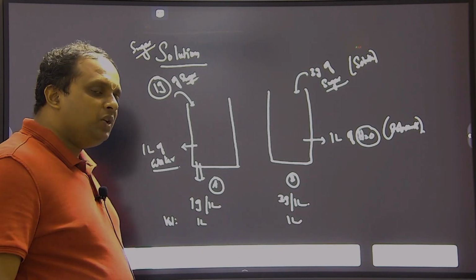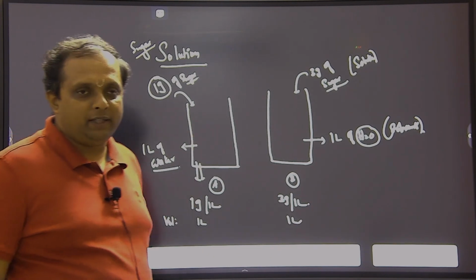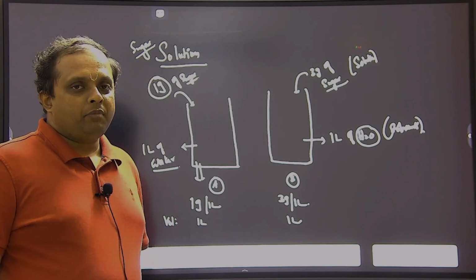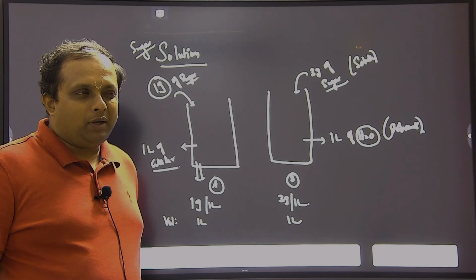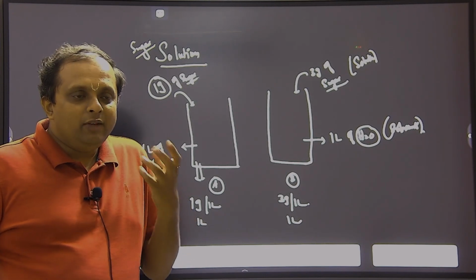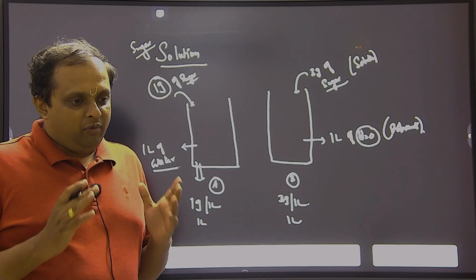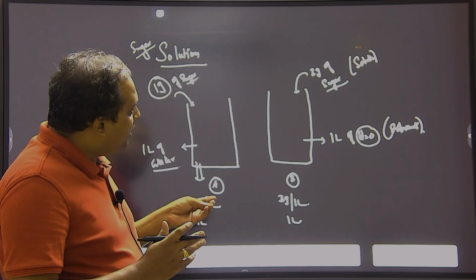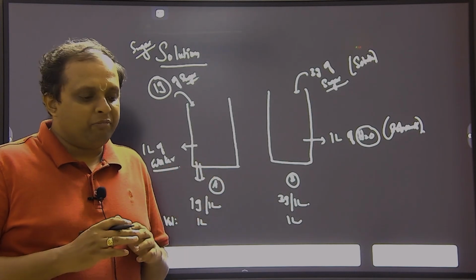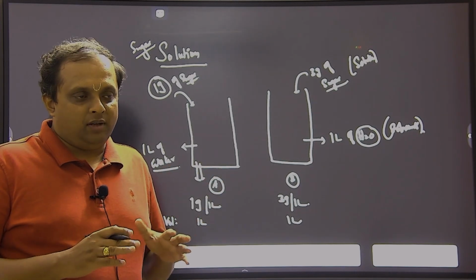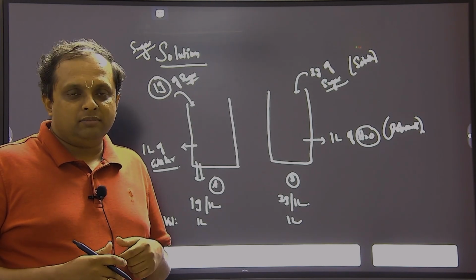So what is your idea regarding the concentration of solvent, that is, the concentration of water? What do I mean by concentration of water? I mean the free water availability. Assume the same water, I add 1 gram, my sugar gets dissolved. 3 gram, it gets dissolved. But what happens if I keep adding the sugar?